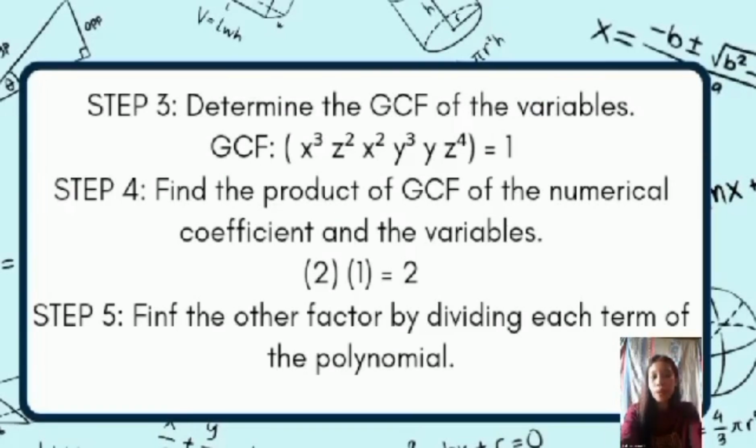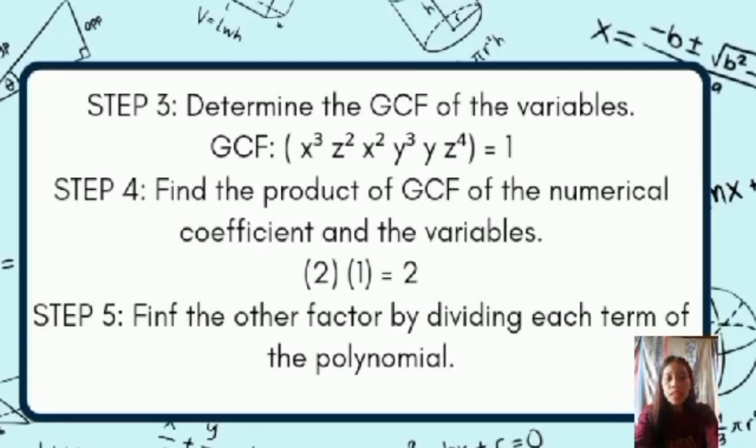Next, step 3 is to determine the GCF of the variables. The GCF of the variables is the one with the lesser exponent and is common to every term. As we can see, the lesser exponent is y, so the GCF of the variables is 1.